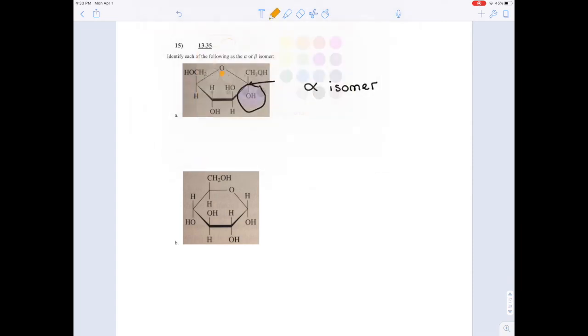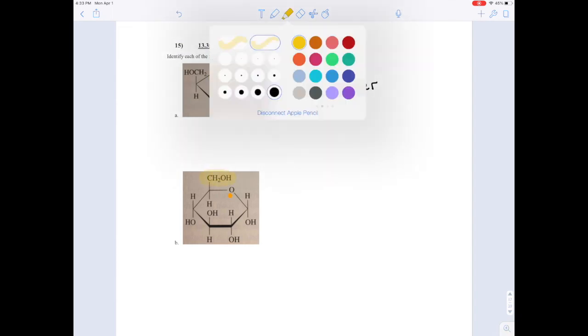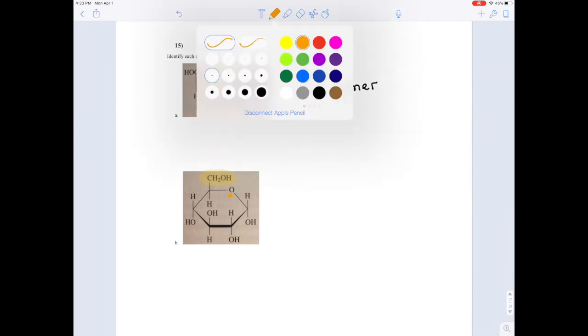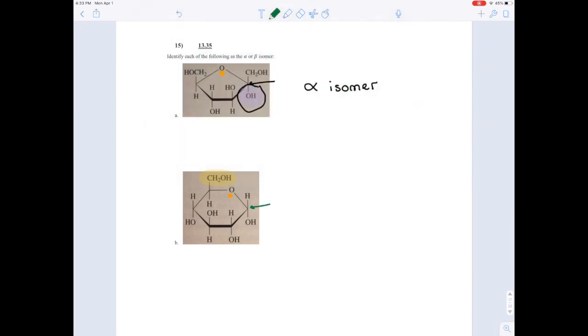Okay, let's play a similar game with B. Orient yourself by the oxygen. You'll notice that to the left of the oxygen, there's a little tail coming off of the ring, going up. Now, go to the right of the oxygen. There's a carbon there, and the OH on that carbon is going down.